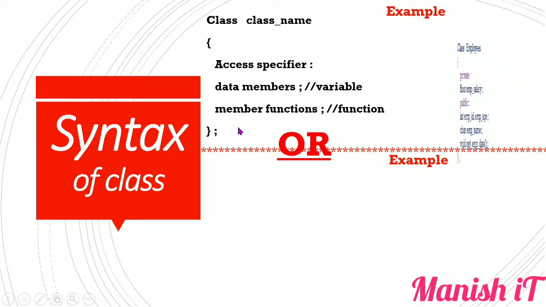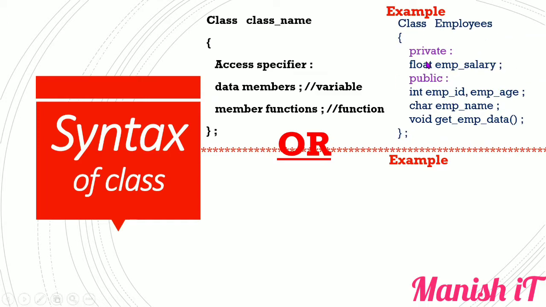See this example. Here I have written class as a keyword, and our class name is employees. Inside that class I have declared private as an access specifier. Inside the private area I have declared float employee salary.